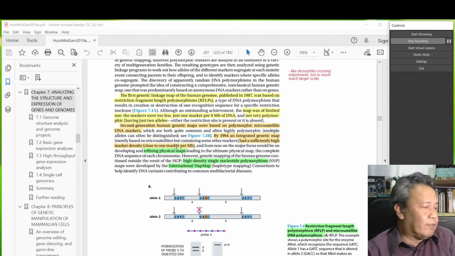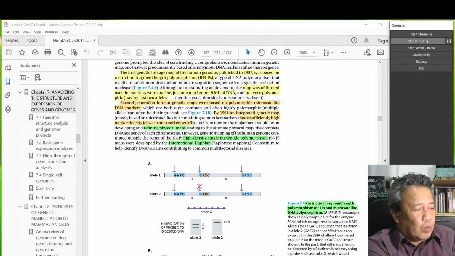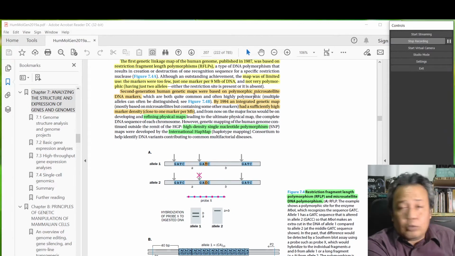That's different between different individuals. And so you get a map that's just one marker per 9 million bases, which is not a very high resolution. Then they moved on to microsatellite markers.